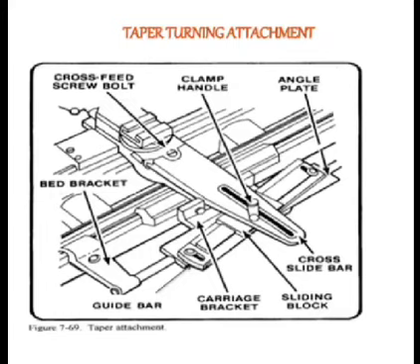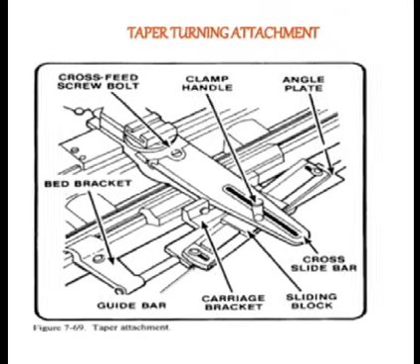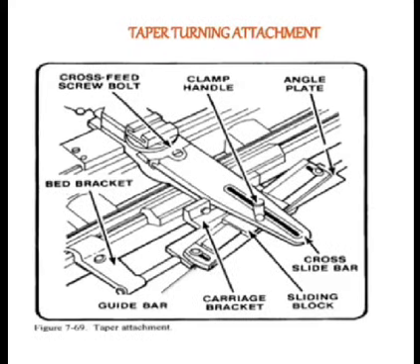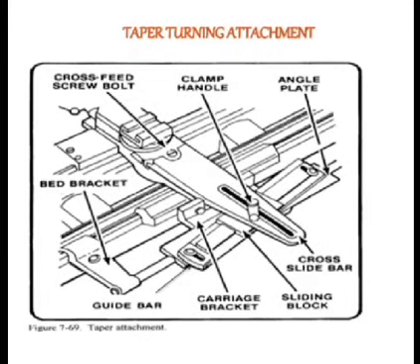It consists of a bracket or a frame which is attached to the rear end of the lathe bed and supports a guide bar pivoted at the center. The bar has graduations in degrees. It can be swiveled on either side of the zero graduation and set at the desired angle with the lathe axis.